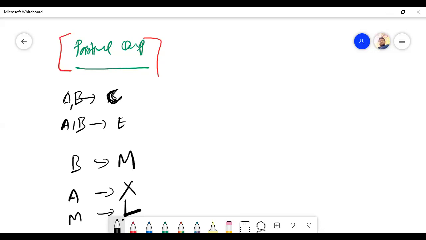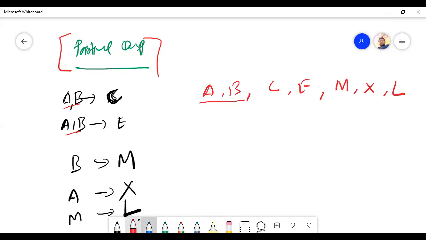Now, in this case, we can write all these letters A, B, then you have C, E, then you have M, X, L. So we can see AB as a composite primary key, right? Now you can see C and E totally depending. So I can draw like this, C and E. So from the A, B, C and E totally depending.